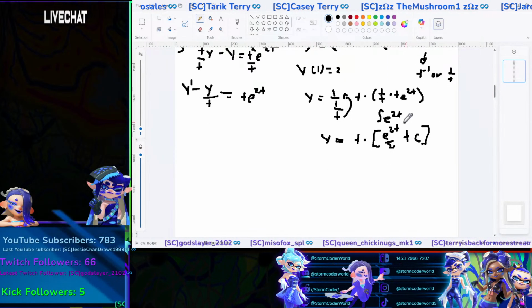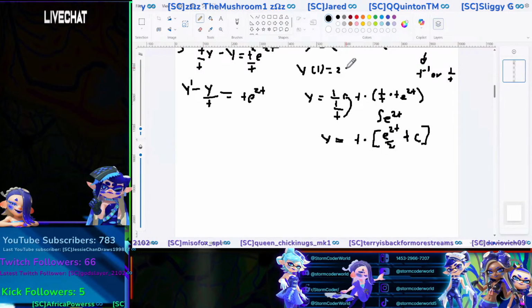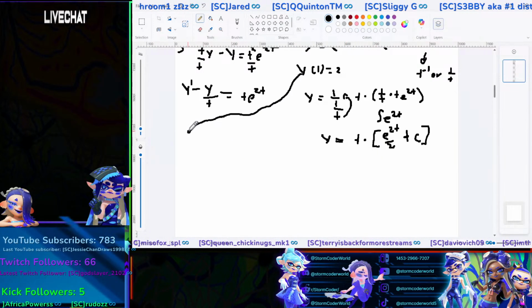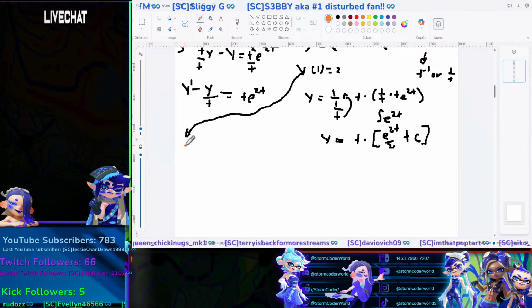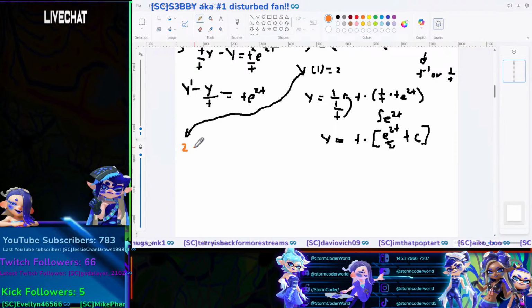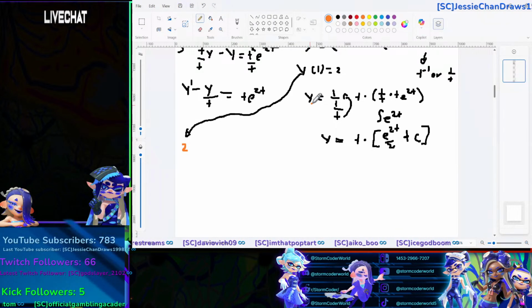So now that I have this here, I'm going to use this rule. And I'm going to put 2 here. Is that actually what it is? No, I think I messed that up. This is incorrect. This is e squared.